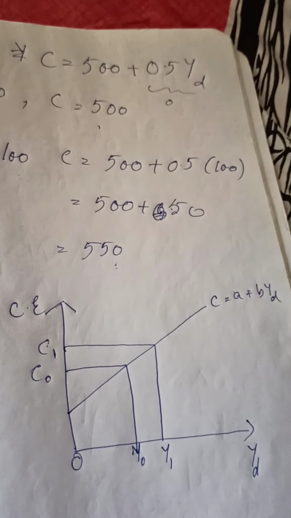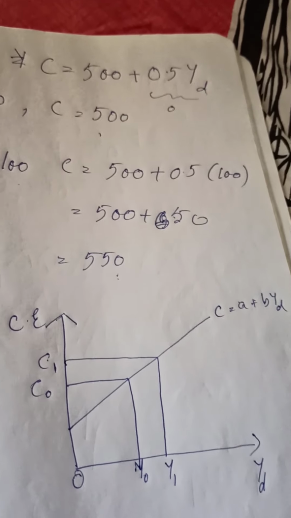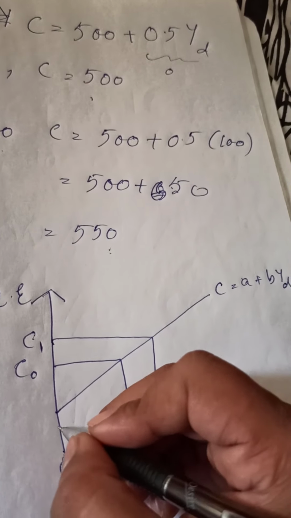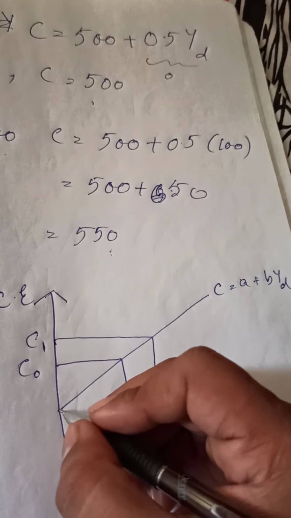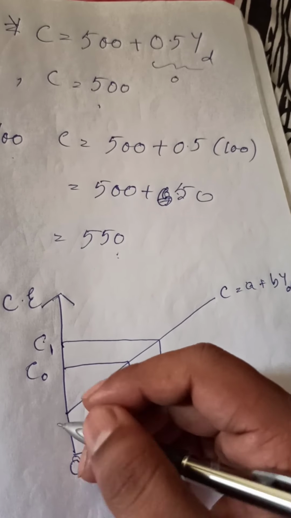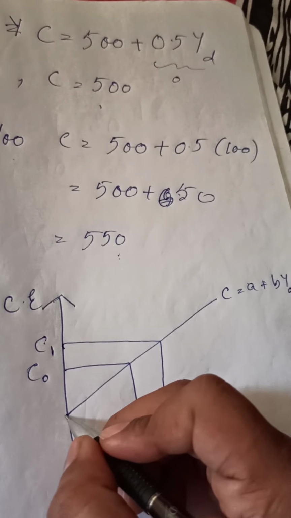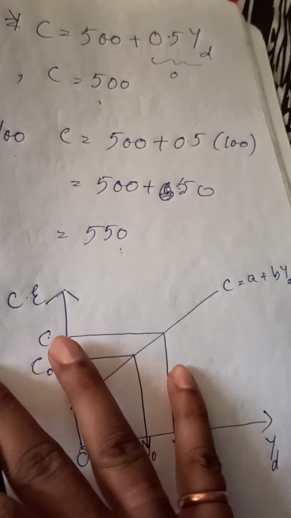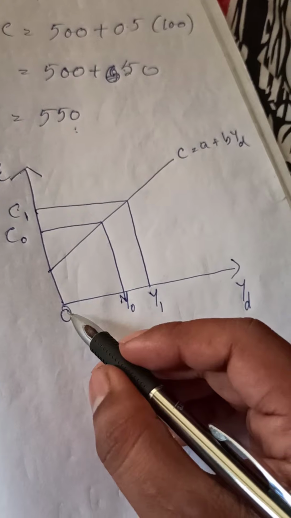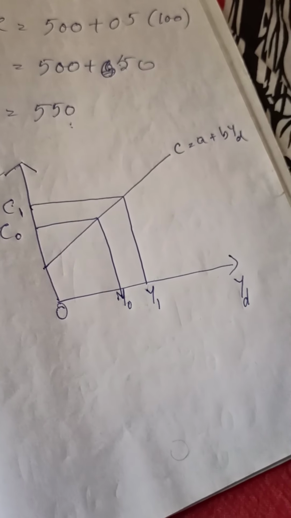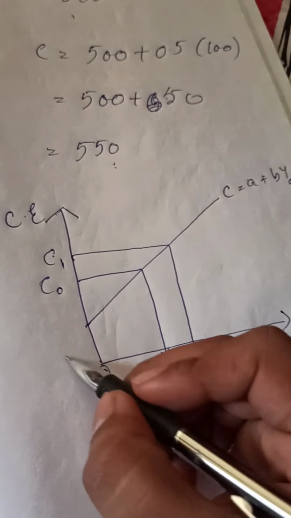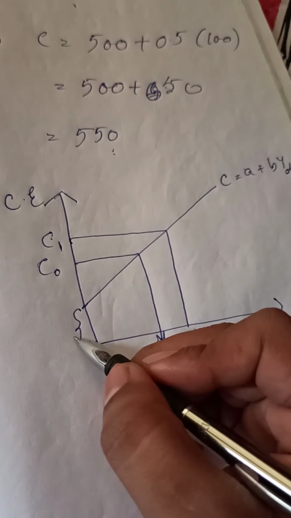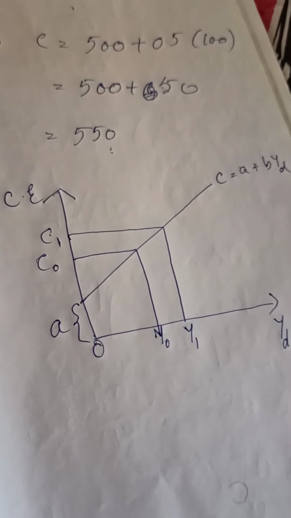And here you can see that I have not started this line from point 0, rather I have started it from a positive section of the axis. Why? Because I have told you that consumption can never be equal to 0. If your income is 0, it doesn't mean that you won't consume, you will have to consume. So when your income is 0, you are consuming this amount. This is the level of autonomous consumption.